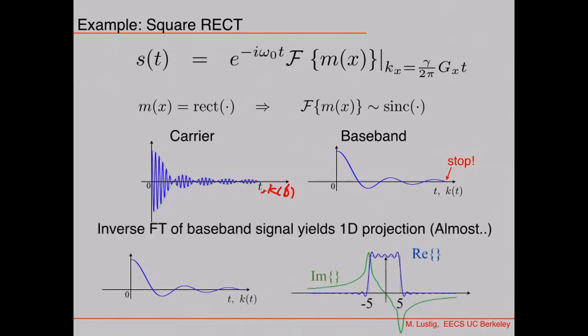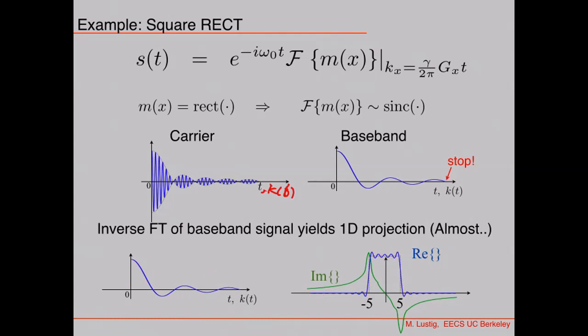Now, if this is the data that I collected, if I want to reconstruct the image, what is m(x)? I could have taken a Fourier transform of this. And taking a Fourier transform of this will give me a real part and an imaginary part, but let's just stare at the real part for a second. And you'll see that, in fact, the real part is a rect, and it looks like the image.